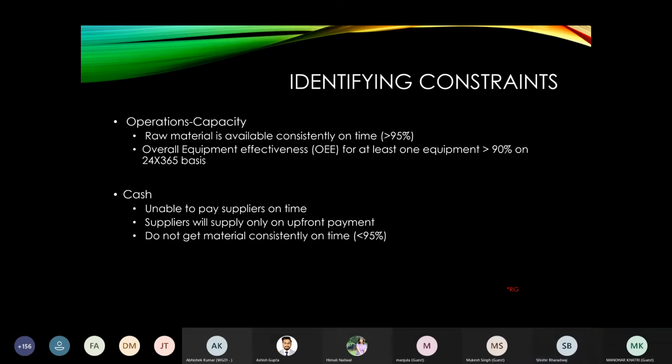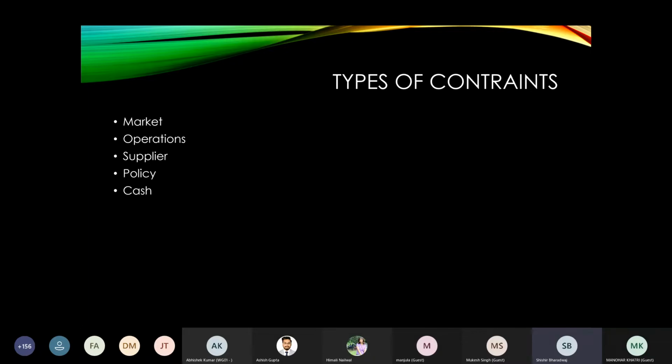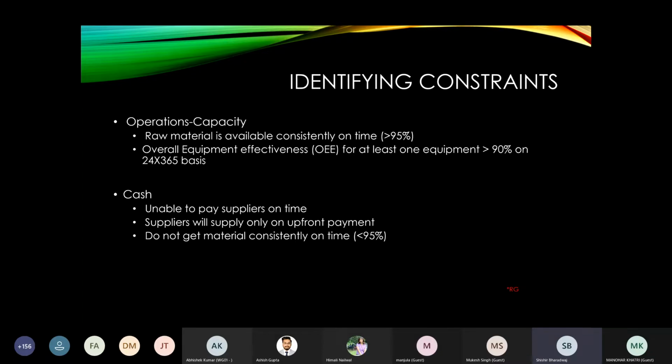Only when both these conditions are fulfilled can you say you have an operations problem. If you have a purchasing problem, you cannot say it's an operations capacity issue. Hence, when we talk about these constraints, market, operation, supplier, policy, it's a systematic way of identifying the necessary and sufficient conditions which make sure it is an operations or capacity issue rather than any other.